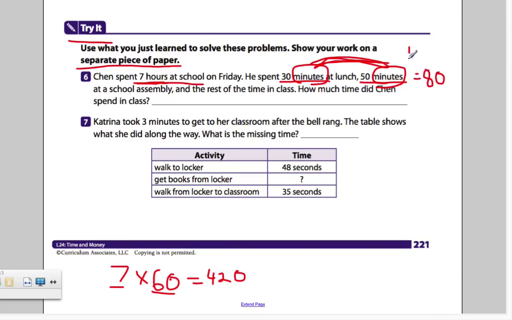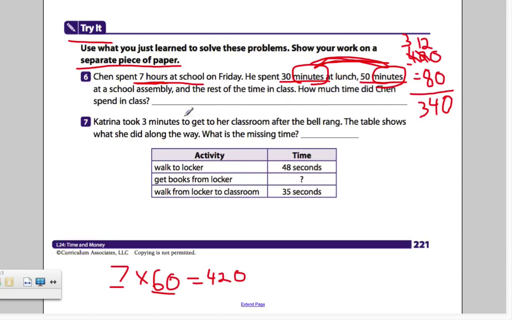Now, we can take that 420 from a second ago and subtract. 0 minus 0, 0. 2 minus 8 you can't do, so you're going to have to borrow from this 4 over here. The 4 turns into a 3, but the 2 gets a big upgrade to a 12. 12 minus 8, 4. 3 minus nada, 3.